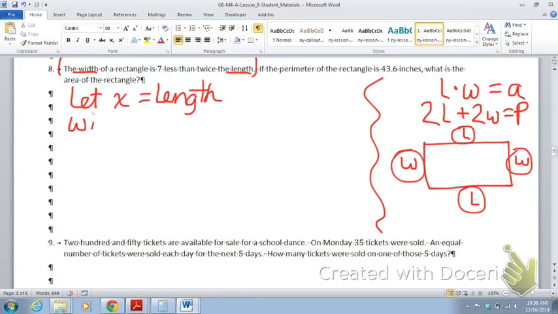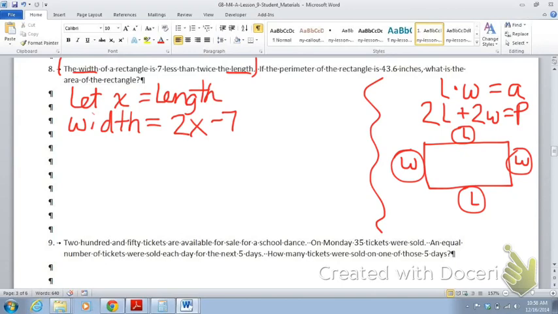The width of a rectangle is 7 less than twice the length. So if I take twice the length, because x is the length, the width is 7 less than twice the length. So the width could be 2x minus 7.